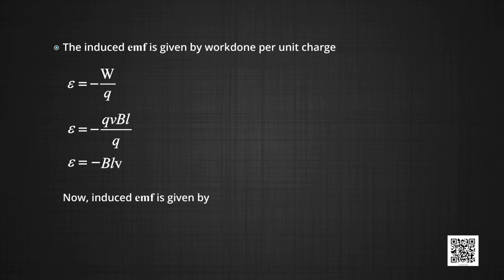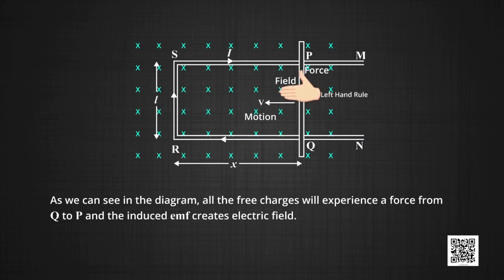Now, induced EMF is given by E equal to minus BLV, where the negative sign is Lenz's law saying don't change the flux. As we can see in the diagram, all the free charges will be experiencing a force from Q to P, and the induced EMF creates an electric field.